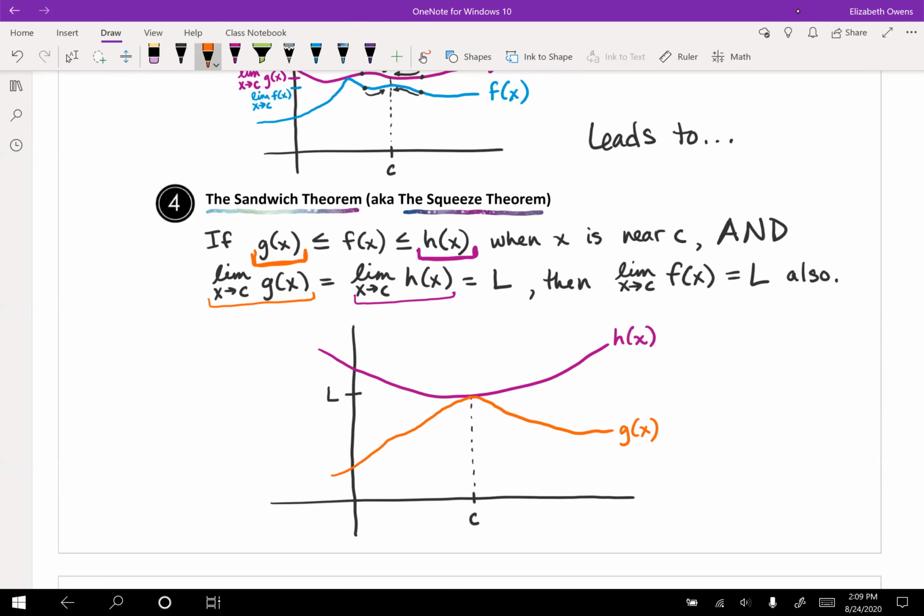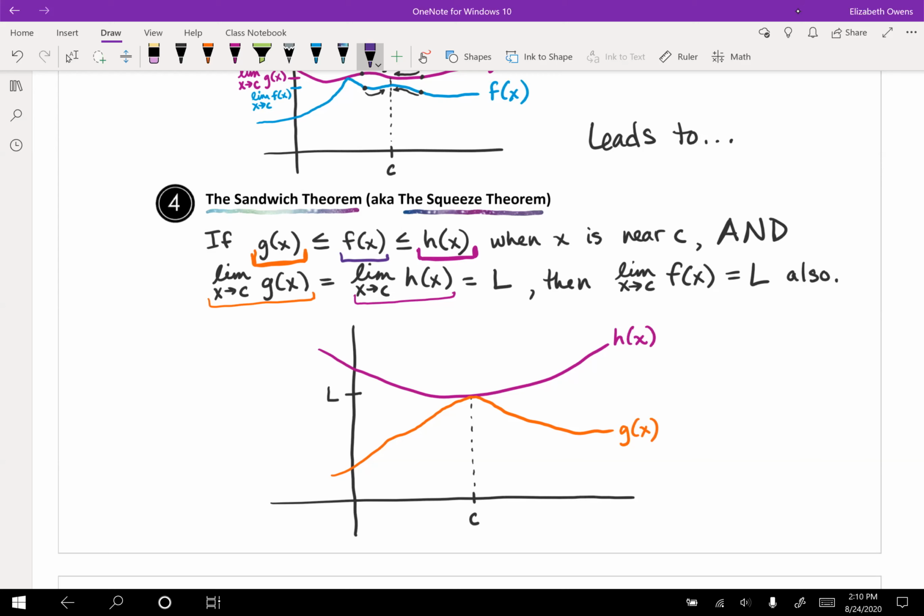Okay, so there's our two pieces of bread, essentially, h of x and g of x. And then we'll put in our fillings in the sandwich with f of x. We'll make that dark purple here. So f of x has to stay between those two functions.